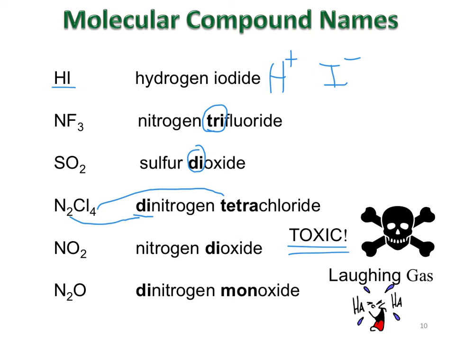And then the next one, N2O, is another way of putting nitrogens and oxygens together. So we have dinitrogen. Again, the 2 is designated, but now we need the mono prefix for the oxygen, monoxide. So dinitrogen monoxide, also called nitrous oxide, it is laughing gas. You can breathe that.